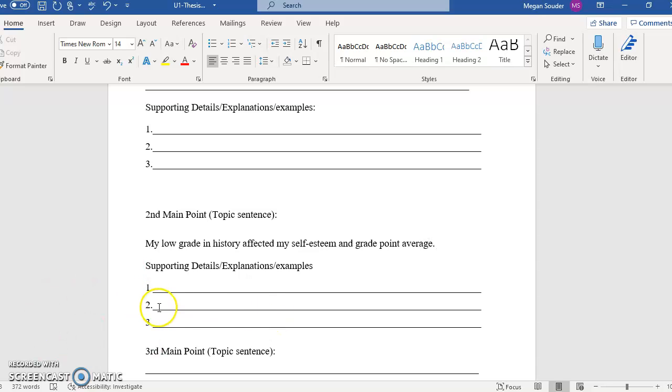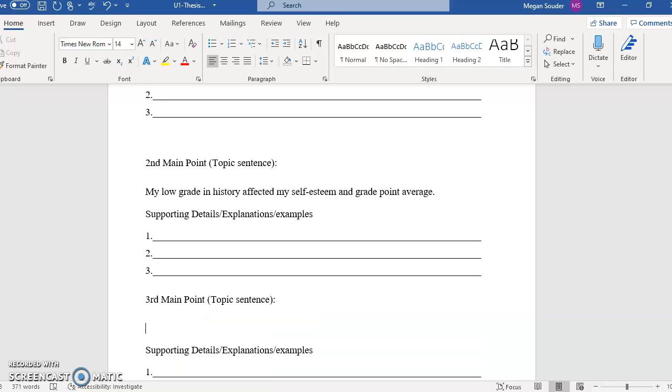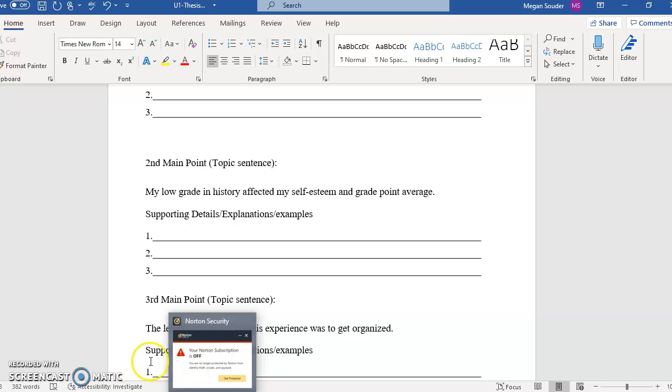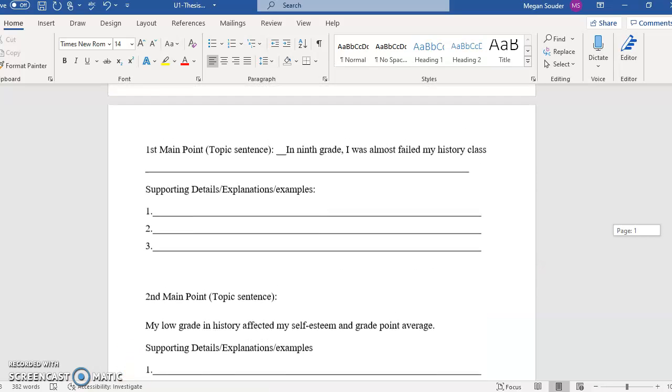And then you'll go into more depth about that here. And then in the third point, again, just a simple, straightforward topic sentence. The lesson from this experience was to get organized. And then you can go into how getting organized will help you pass a class.